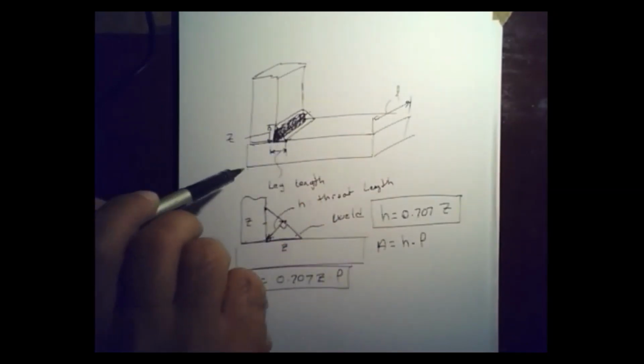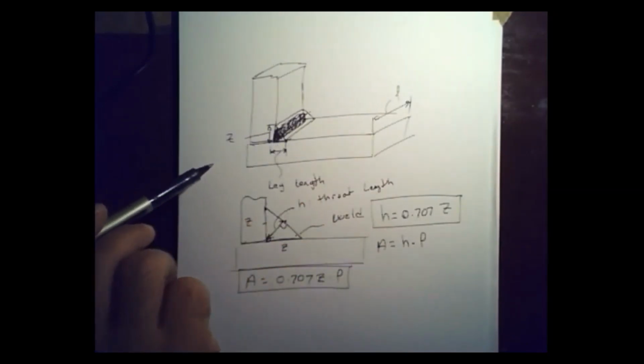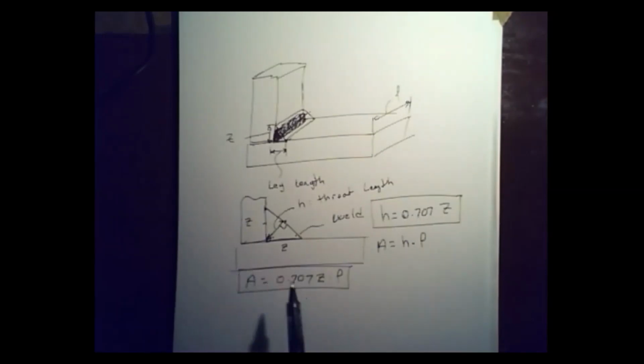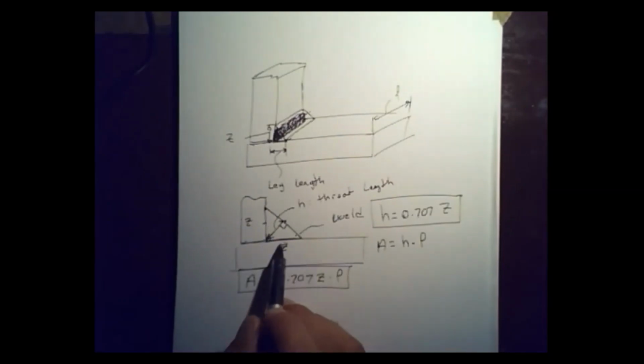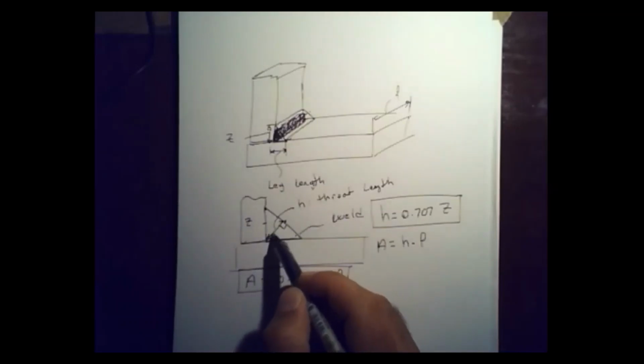If you look at this from the side, you are going to see this, and like I said, Z is going to be your leg length, and then you have one leg length on this end. This triangle is an isosceles triangle, and what we are going to do is identify this throat length.